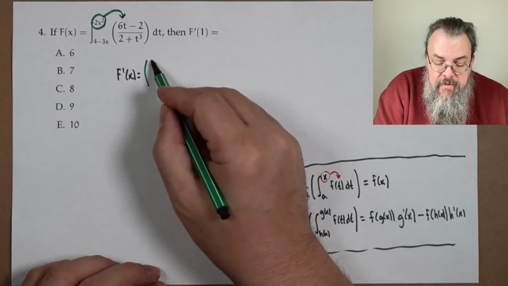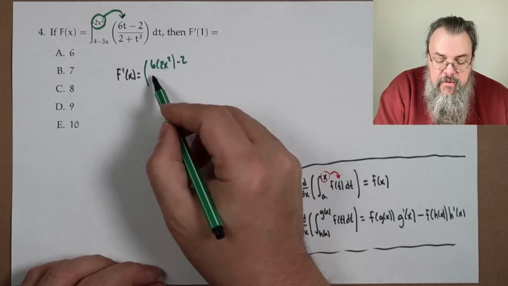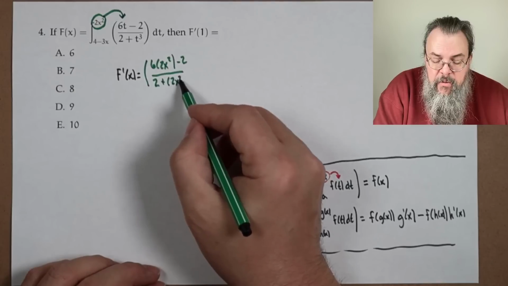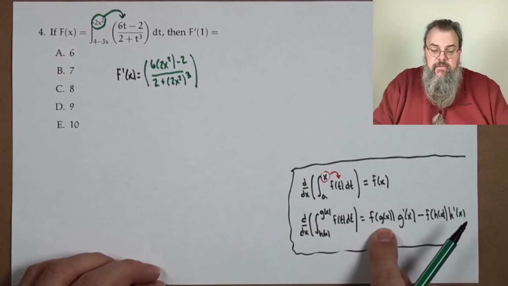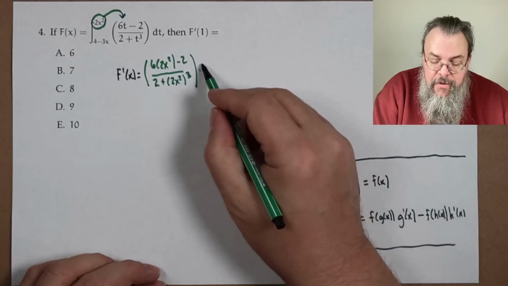So this is going to become 6 times 2x squared minus 2 divided by 2 plus 2x squared cubed. Okay, that's the f of g of x. Now we need the g prime of x, the derivative of 2x squared, 4x.